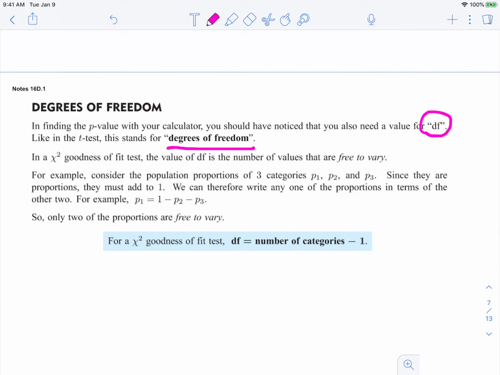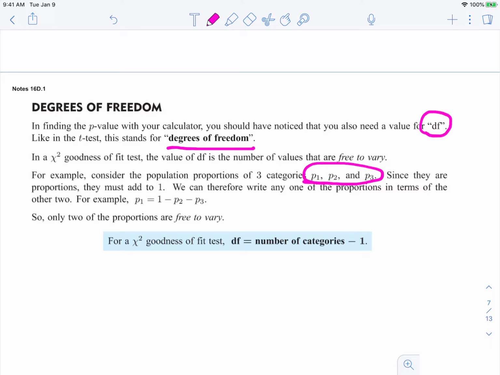So what does the degree of freedom say? In a chi-squared goodness of fit test, the value of the degrees of freedom is the number of values there are that are free to vary. For example, consider the population proportions of 3 categories: p sub 1, p sub 2, and p sub 3.